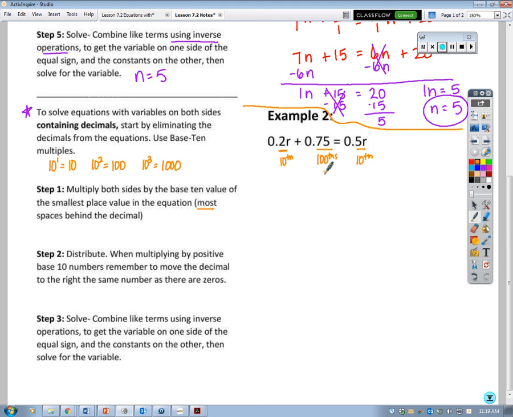So when we multiply by 100, remember that we are just moving our decimals. So I'm going to take 100, multiply by 2/10 r plus 75 hundredths, set that equal, and multiply 100 by this side of the equation too. So I've got 100 times 5/10 r on this side.